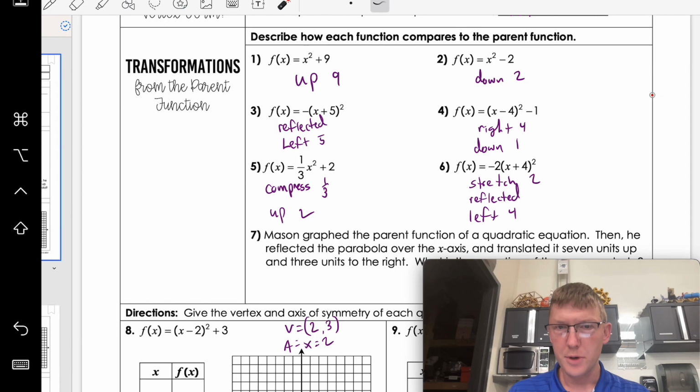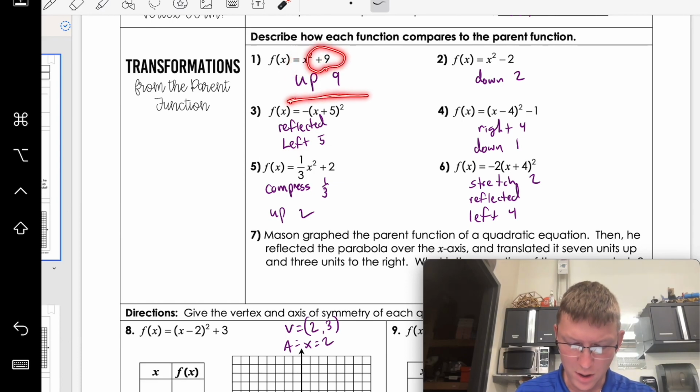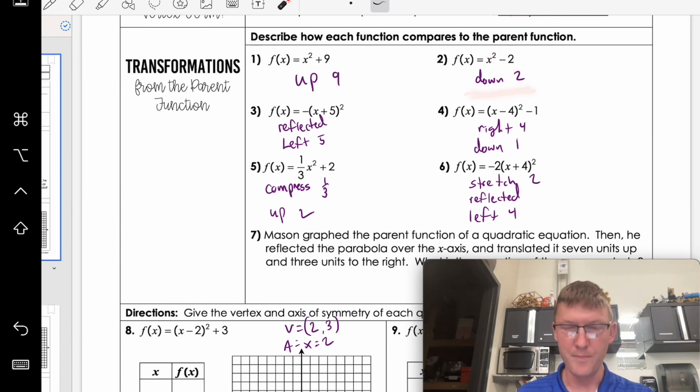So let's do some real quick transformations. This is kind of review. Remember, our parent function here is just x squared. If we have plus 9 on the outside, we're going to go up 9 spaces. If we have a minus 2 on the outside, we're going to go down 2 spaces. But if we put that number inside of the equation, like this one right here, we're just going to go left.